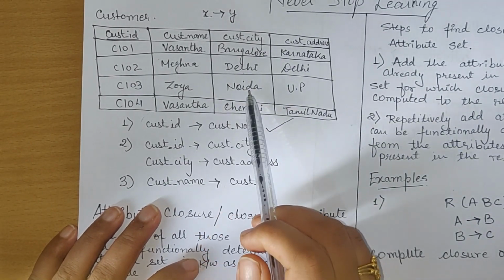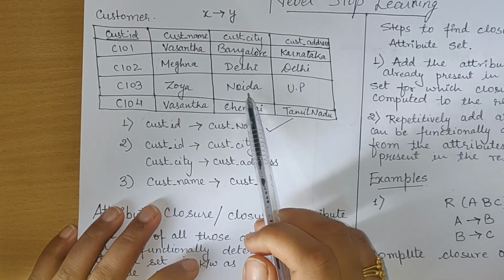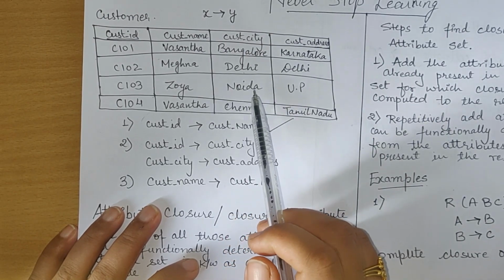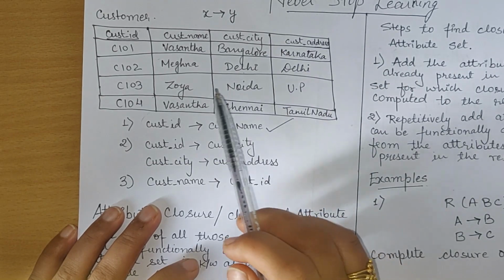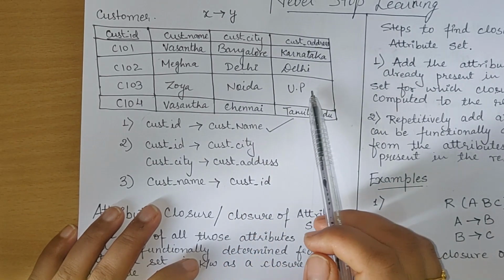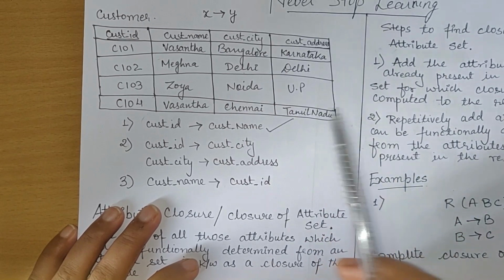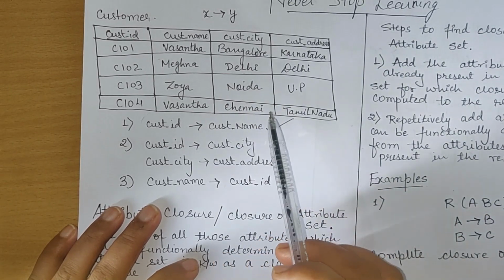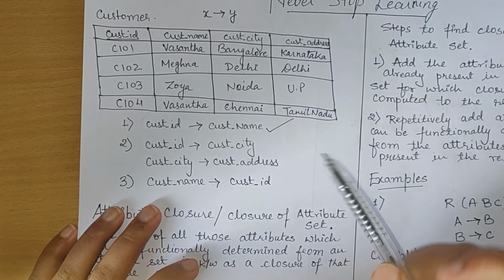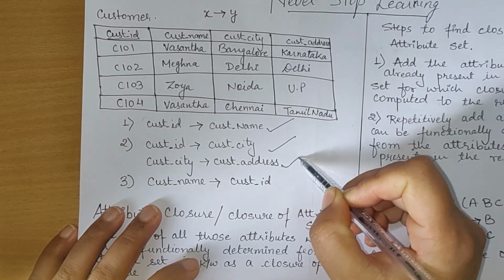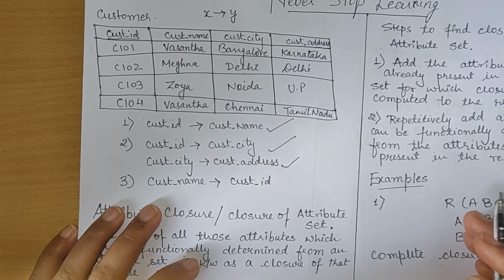Then Zoya Noida, and customer city is Noida and customer state is UP, no problem. Vasanta Chennai, and here city Chennai, Tamil Nadu. So both the functional dependencies hold good, because they uniquely determine the dependent.